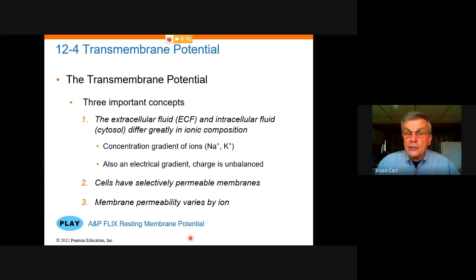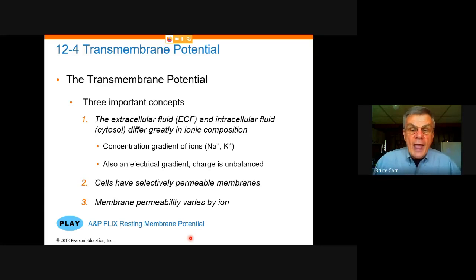Intracellular fluid, the cytosol, is going to be different from the extracellular fluid, the non-living fluid that the cell lives in. There are going to be concentration gradients established for ions with charge, sodium and potassium major among those, but also involving charged entities like chloride and proteins.